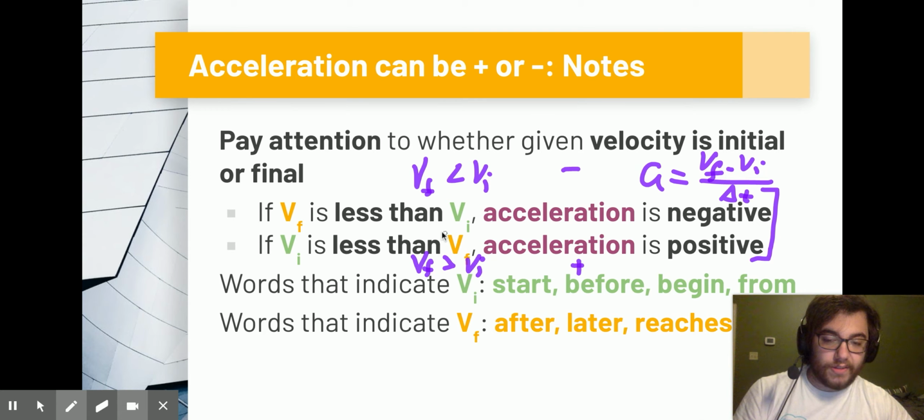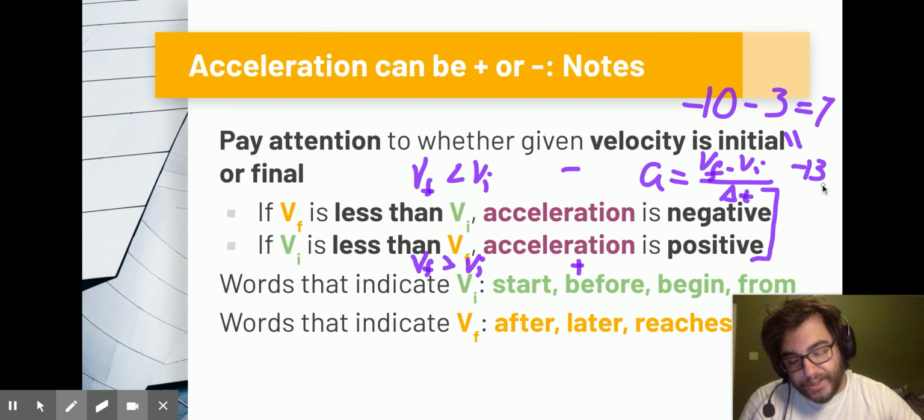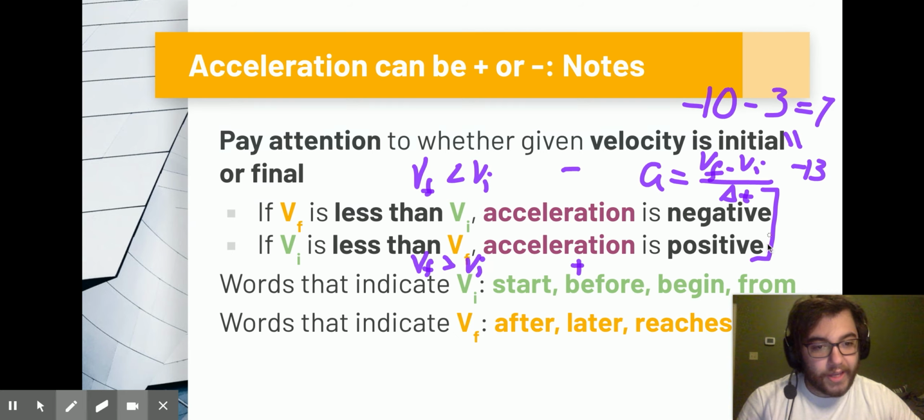In this case, less than literally means not just worrying about the value, we also have to worry about if it's a positive or negative number. So for instance, if it's 10 minus 3, obviously that'll be a positive 7. Whereas if it's a negative 10 minus 3, all of a sudden that's negative 13. So hopefully this is making sense.